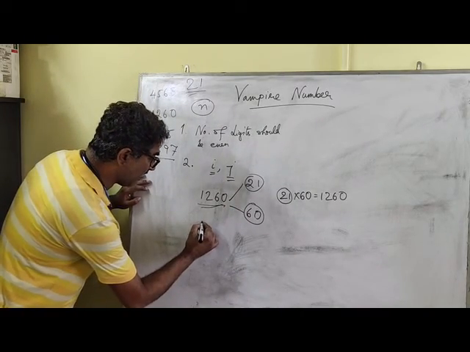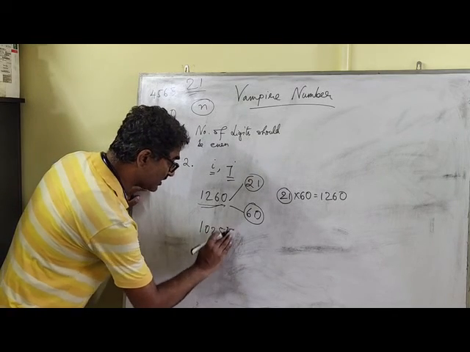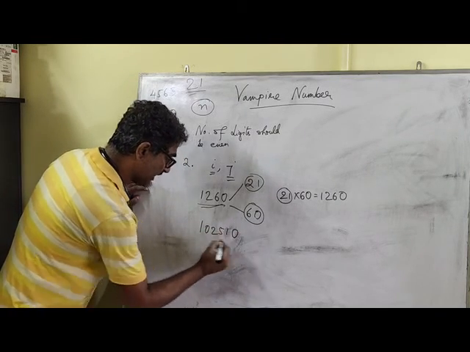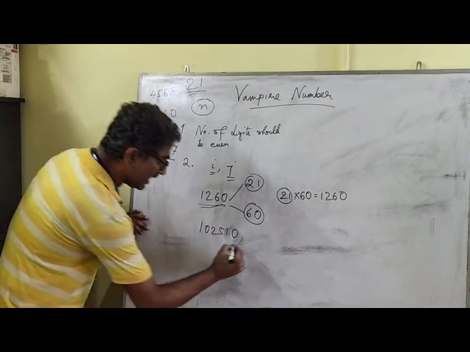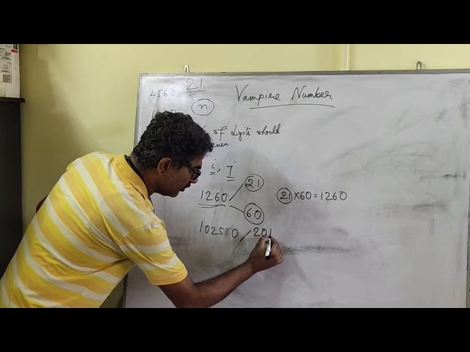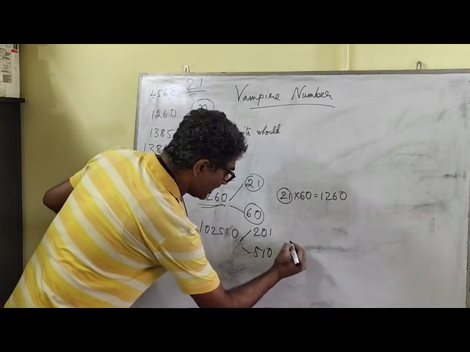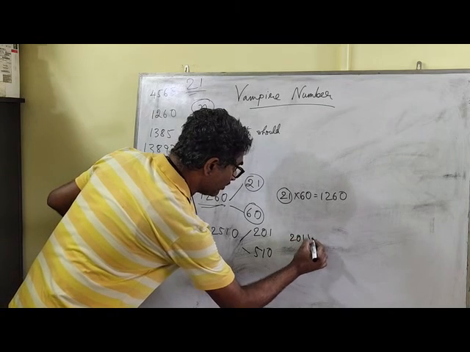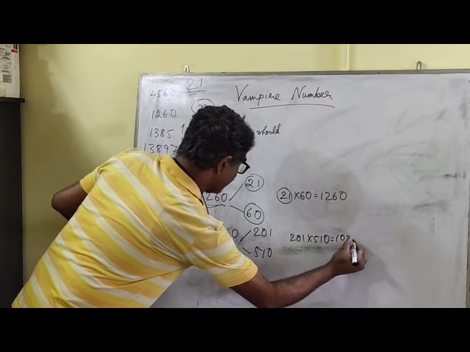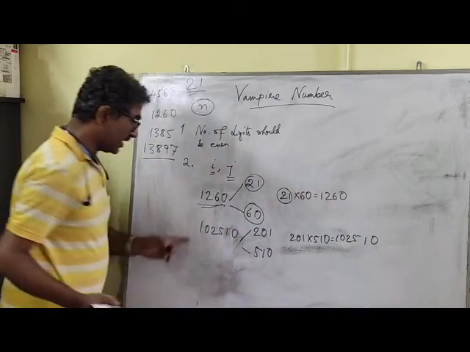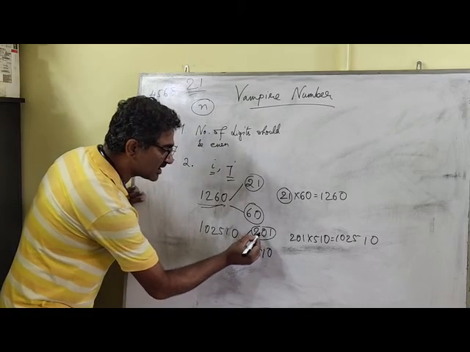Say for example, we have 102510, say. So now this consists of 6 digits, you can see over there, and therefore we can divide it into two factors, 201 and 510, which when multiplied, that is 201 into 510, will give me 102510. That's fine. However, notice carefully how many digits are there in these factors.